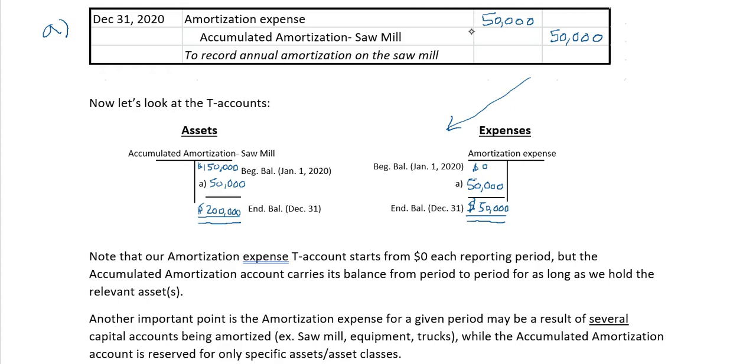And we have ending balance on December 31st of $50,000 in amortization expense. As I mentioned, this will be a temporary account which will get closed off, and we're going to see that in the next chapter.